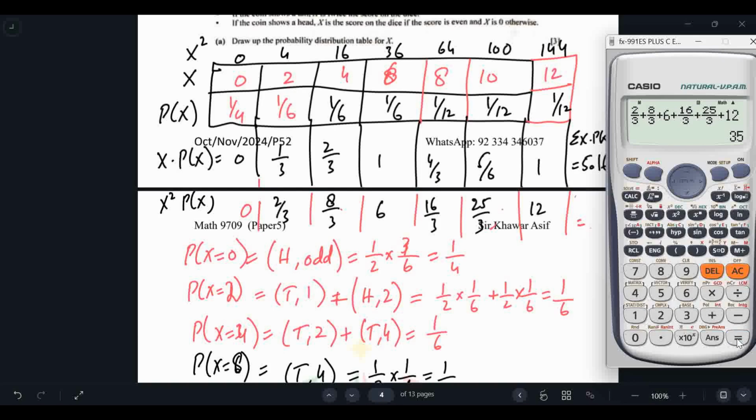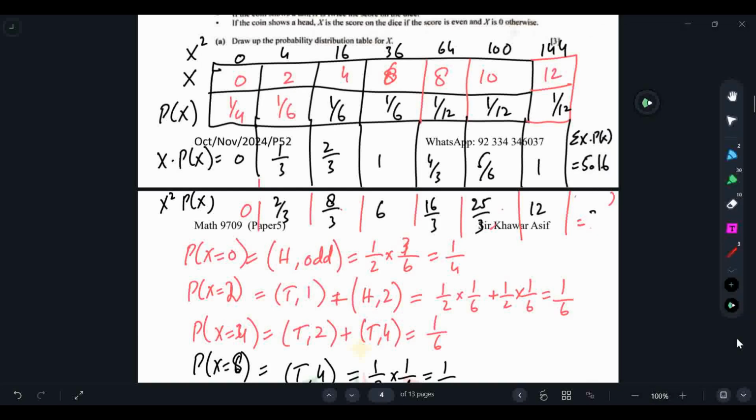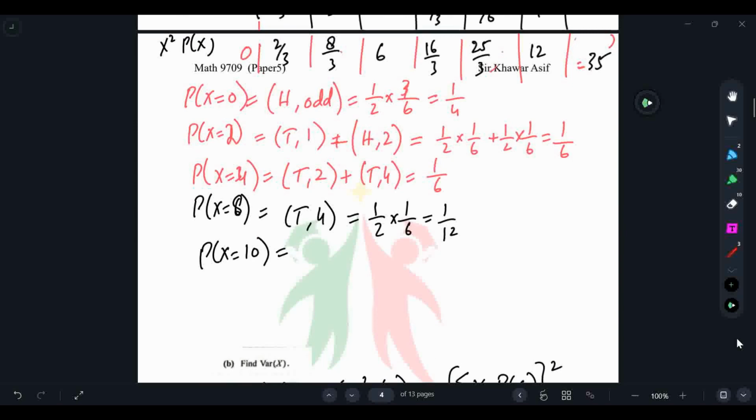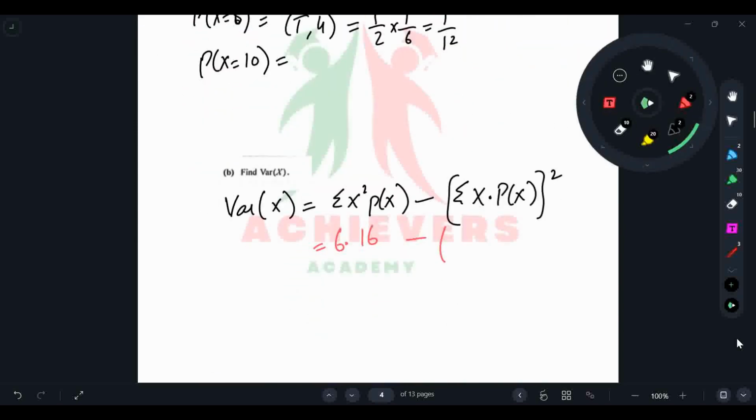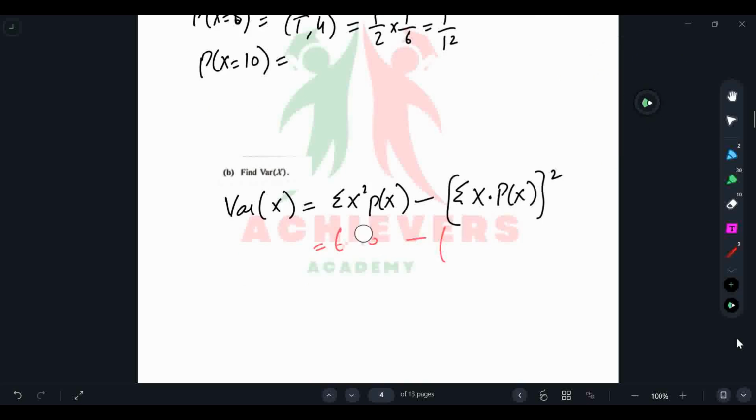So this will be 35 now. Now let me check this one again: 5 by 6, 4 by 3, 6 and 2 by 3 and 1 by 3. Yes, this one is right. Now we have two values. The first one is 35.